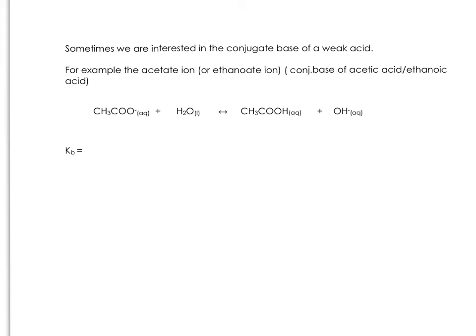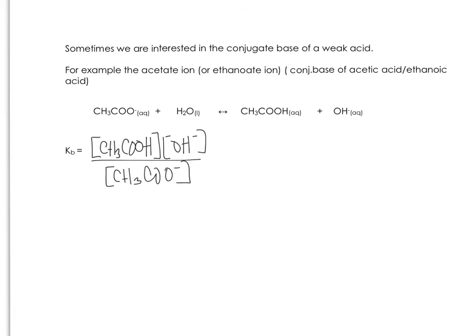So in this case, the Kb will be equal to the concentration of acetic acid times the hydroxide ion concentration all over the concentration of the acetate ion.